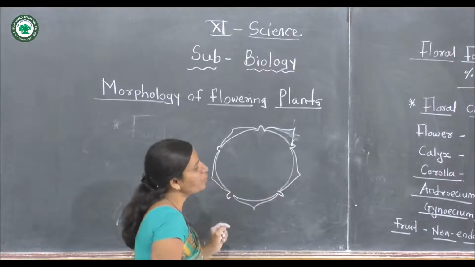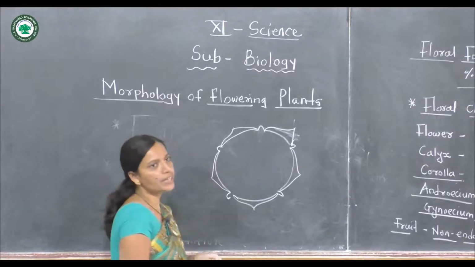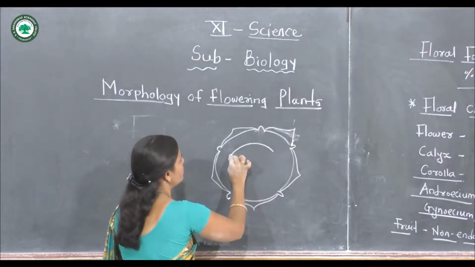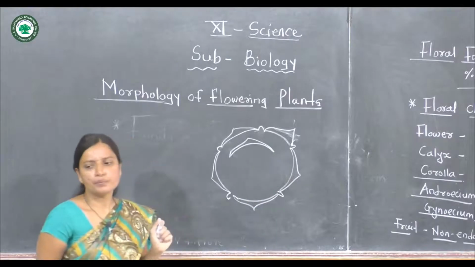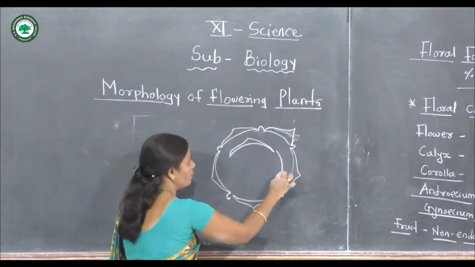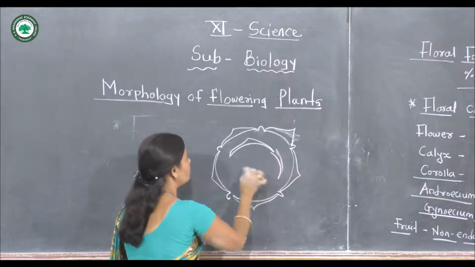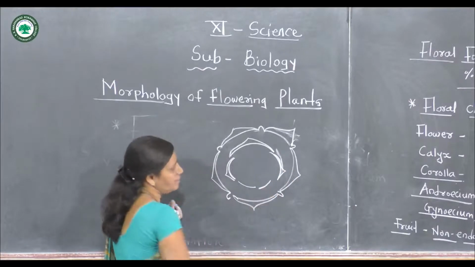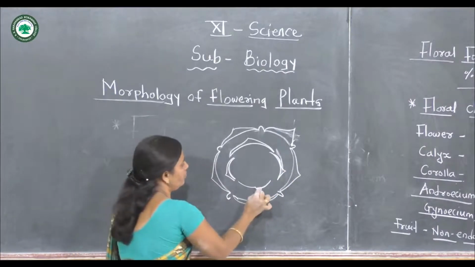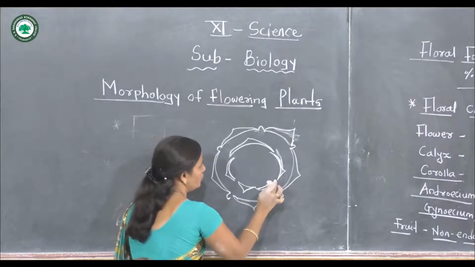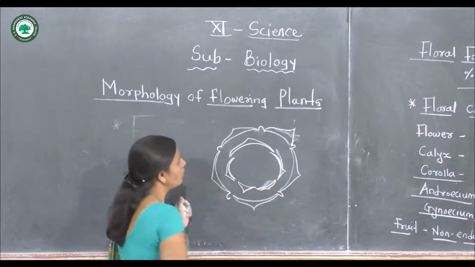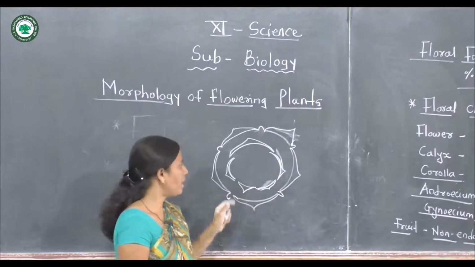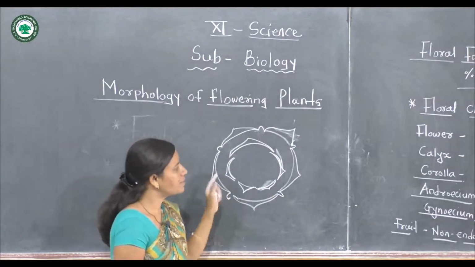Now the corolla is 5 in number with vexillary estivation. In this estivation one petal is the largest, 2 are wing shaped, the 2 wings, and 2 are a jointed structure. The corolla is 5, polypetalous, with vexillary estivation.